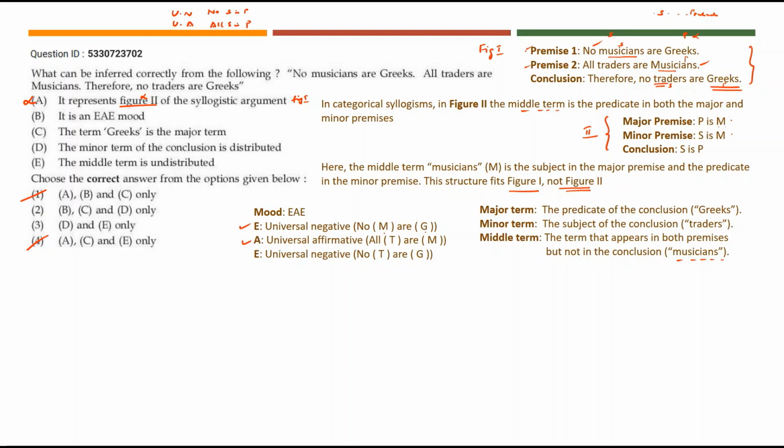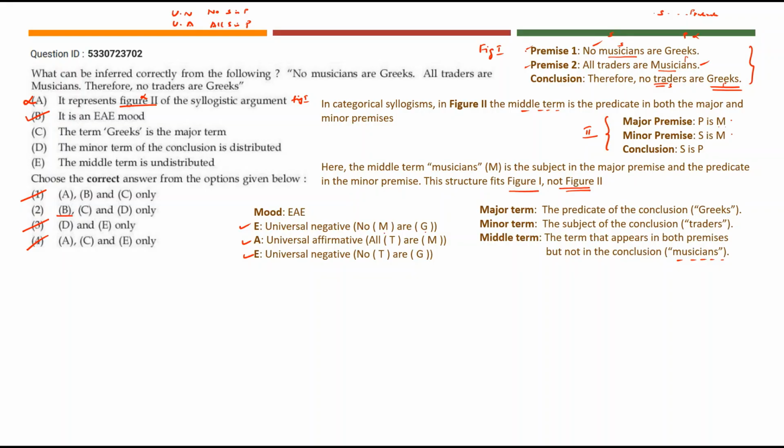No traders are Greeks. We are not getting into therefore and all. Just take only the statement. No traders are Greeks. This also follows universal negative. So EAE is perfectly right here. So B can be included in the answer. The only option now that includes B will be option 2. So here we can rule out option 3 also.